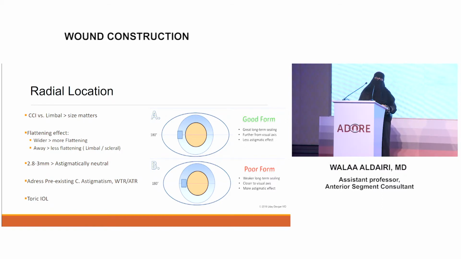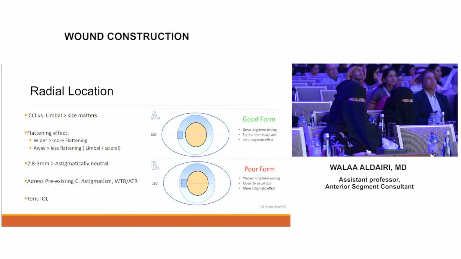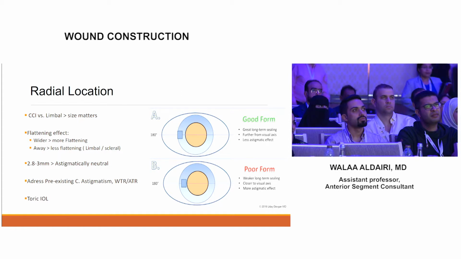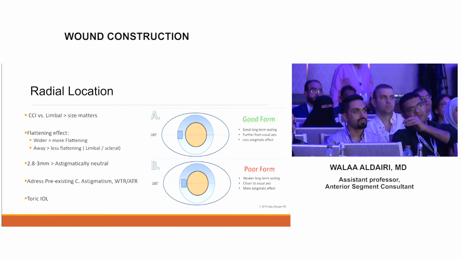This flattening effect depends on how far you are from the center of the cornea, and it is inversely related to the distance, and to how wide your incision is. A limbal incision as small as 2.5 up to 3 millimeters is astigmatically neutral, and if you need a larger incision, maybe you should do a more posterior incision, maybe a scleral tunnel.